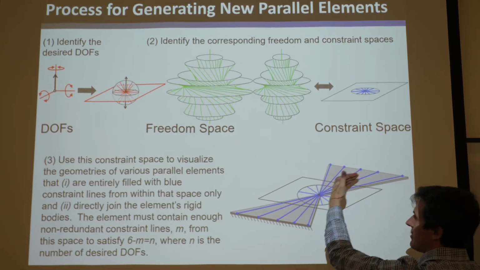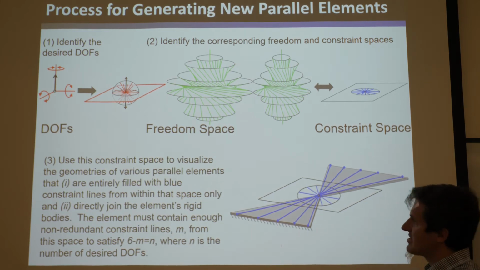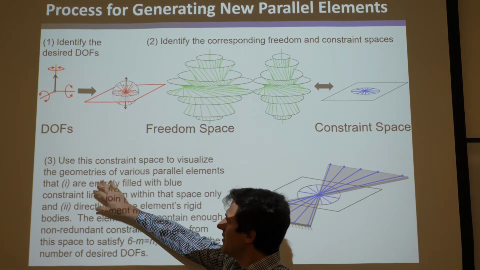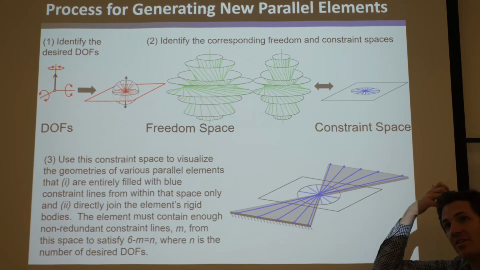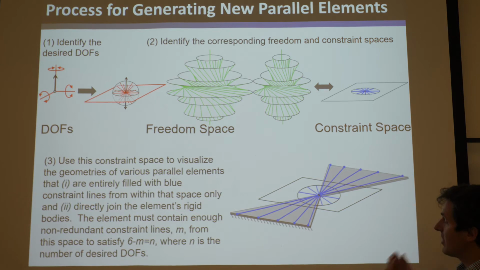So you might think, to satisfy these two conditions, a wire would work. It would fit within this constraint space, it would be entirely filled, and it would connect the two rigid bodies. So we should be good.